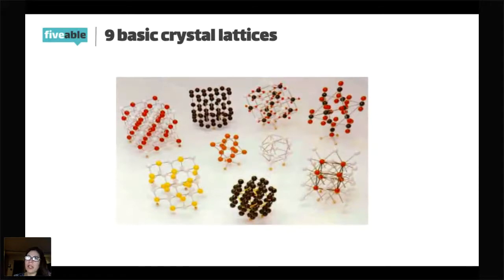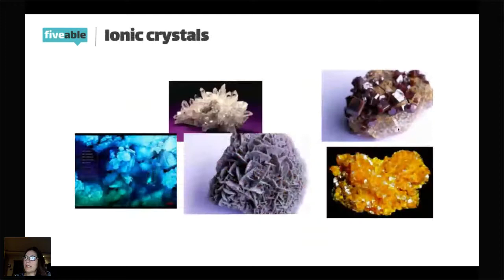For example, salt will have a cubic form, but if the ratio is different, we will have a different crystal lattice. And we can see the beautiful crystals. When we have ionic crystals, they form different crystals depending on the ratio in which the ions combine. Questions so far?